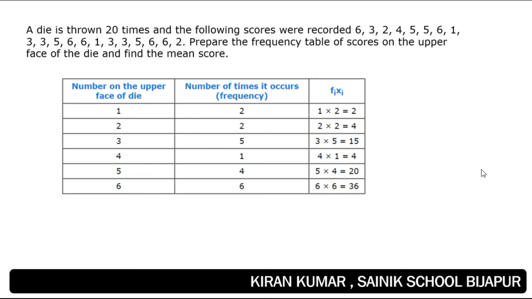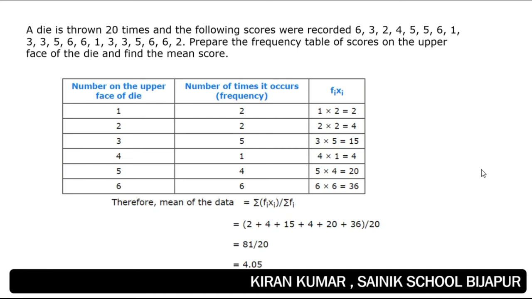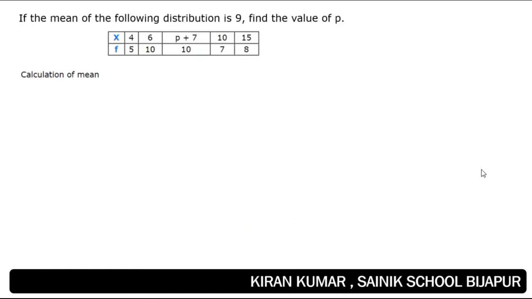Here, to find the mean, I'll consider sigma fi xi upon sigma fi. We add them up and find the value. We get it as 4.05.